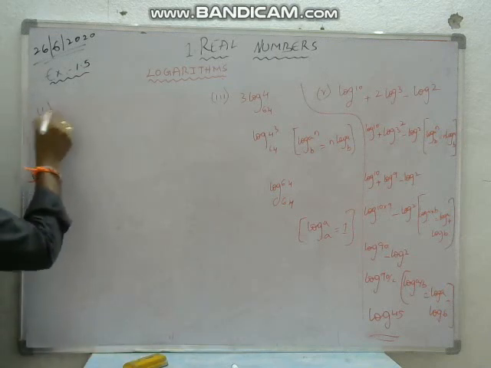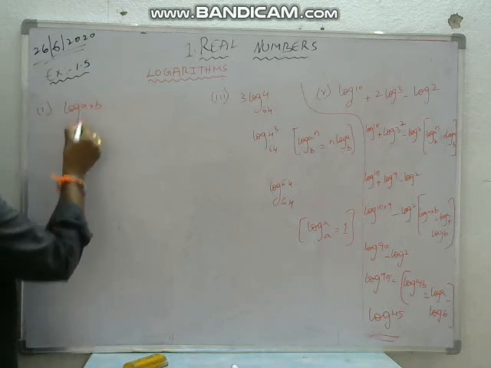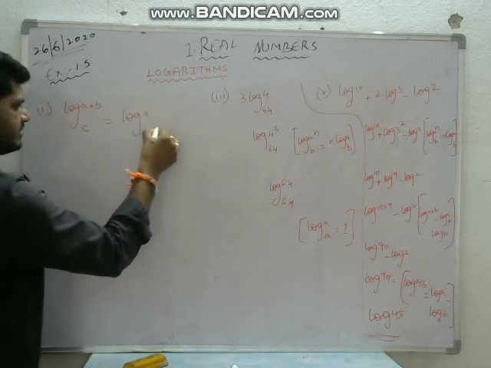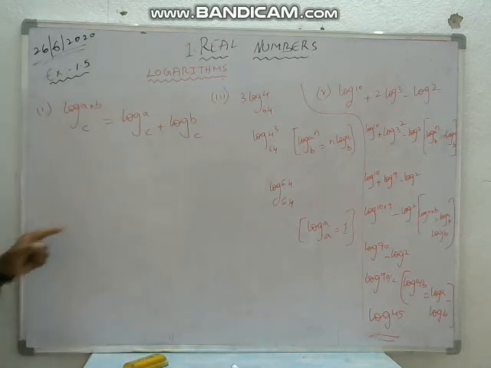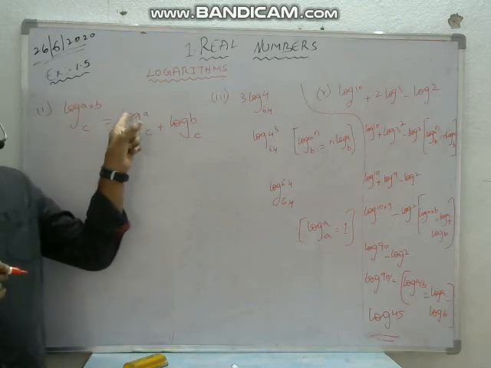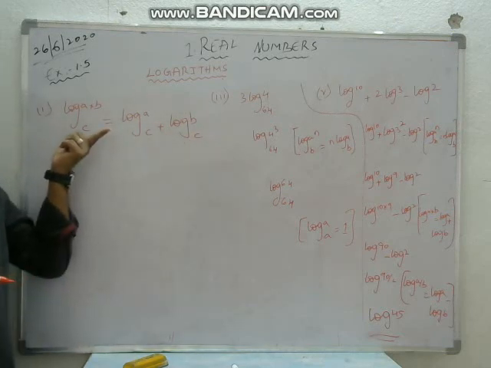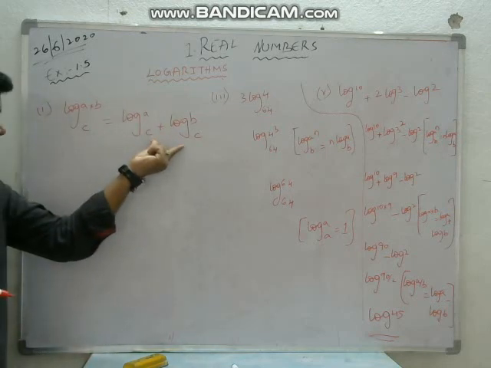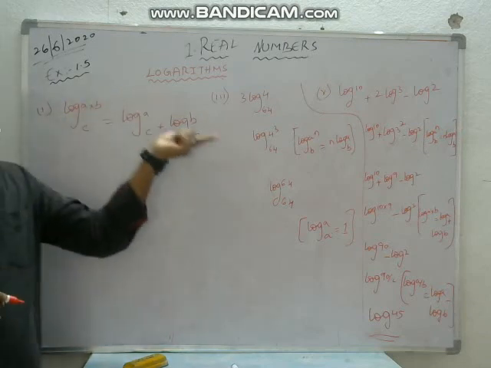First identity: log a into b base c is equal to log a base c plus log b base c. A into b there means we can write log a plus log b, bases same. You can even apply it vice versa also. If it is there this way, you can write it in this way.